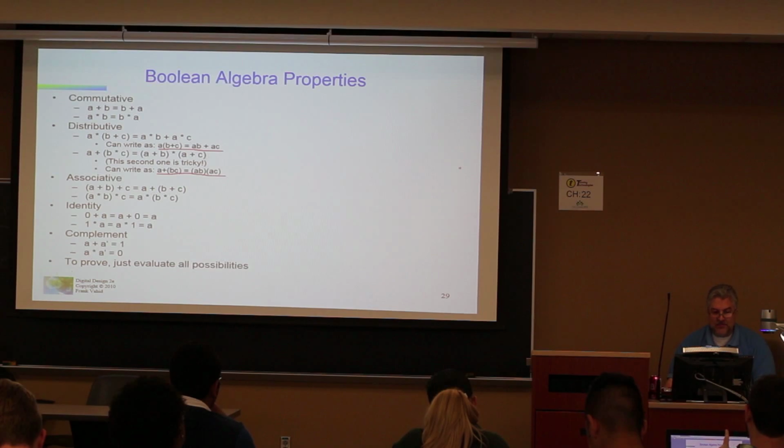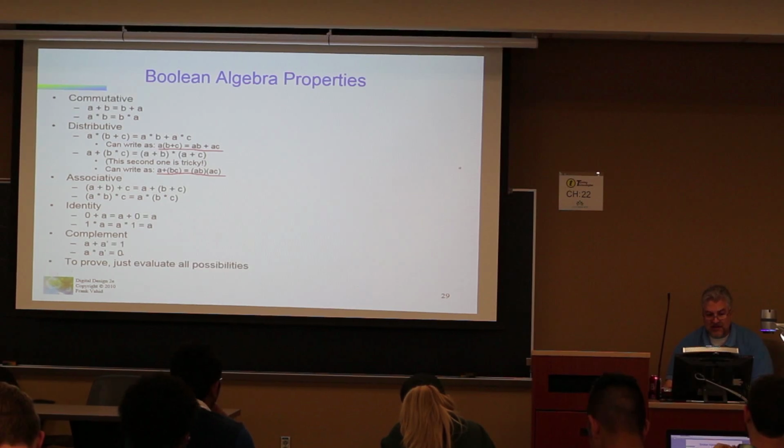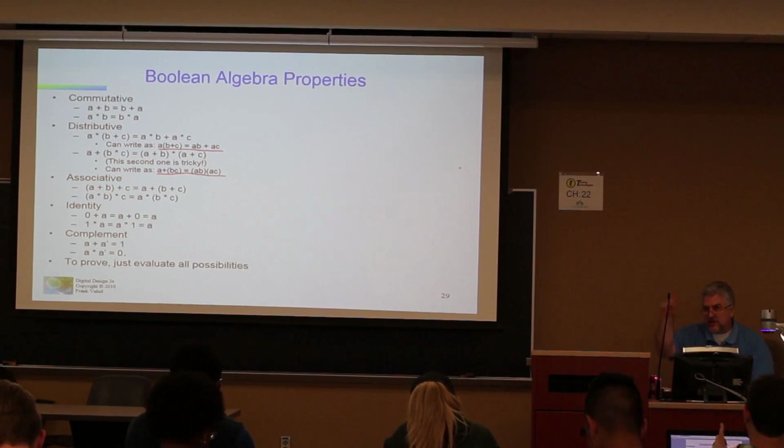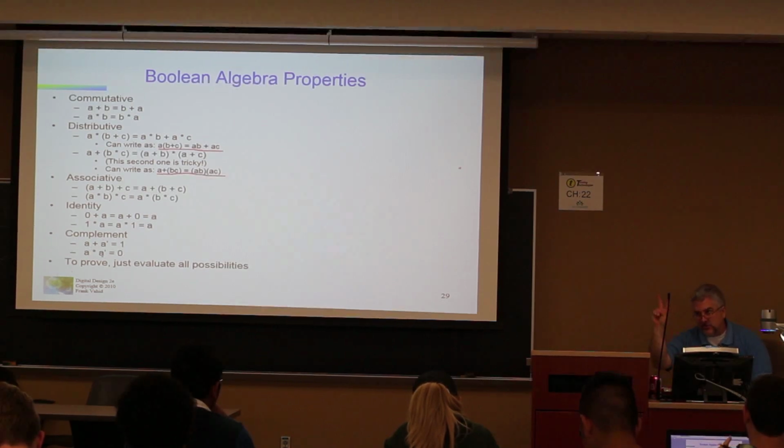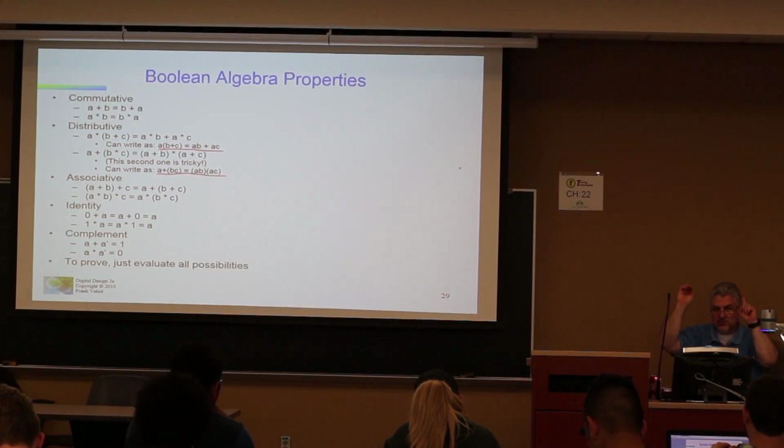If you're ANDing something with its complement, it will always be 0, right? Because remember, with AND you have to have a 1 and a 1. And obviously, if you AND something with its complement, you're not going to have two 1s. On the other hand, if you're ORing A together with its complement, you will have in one case a 0 and in one case a 1. So anytime you OR them together, it will be a 1.